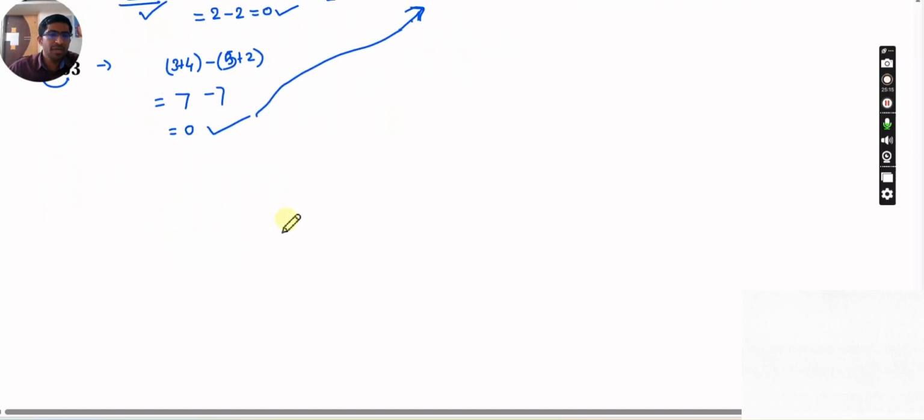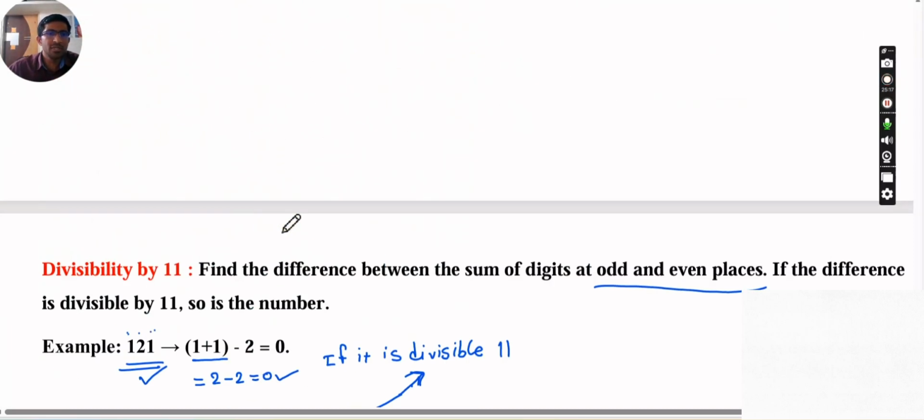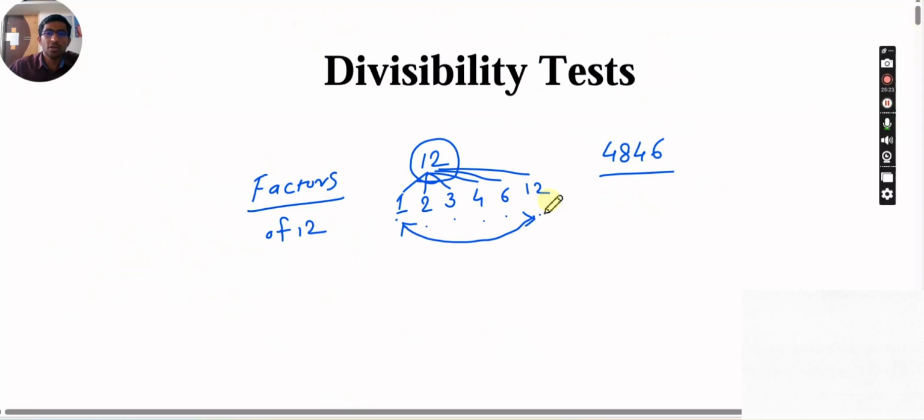So in this video, we learned all the divisibility rules or divisibility tests of the numbers which are required for us to learn 10th standard mathematics in a proper way. I know that we learned this in the 6th, 7th or 8th standard also. But if you have forgotten, I hope from this video you understood how we can know whether the given number is divisible by a particular number or not.